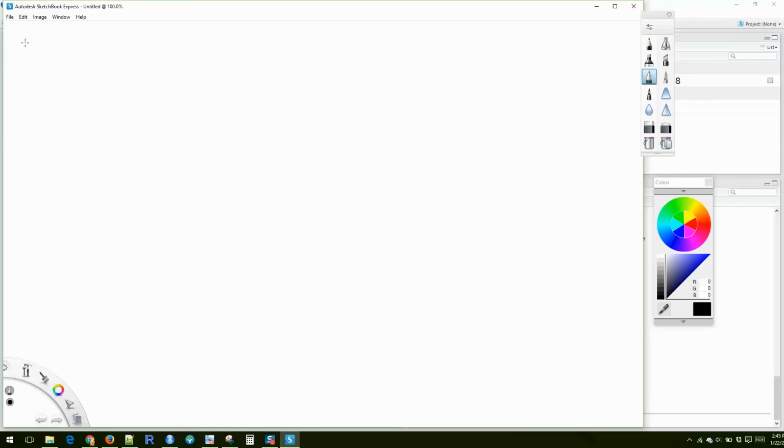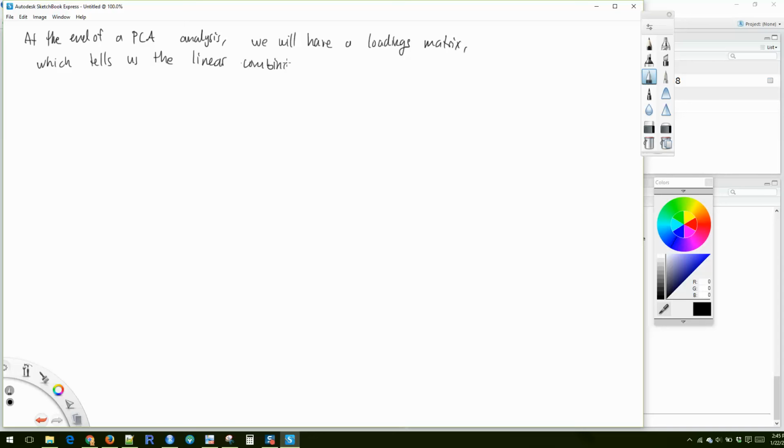So at the end of a PCA analysis, the loadings matrix tells us the linear combination of our current variables.